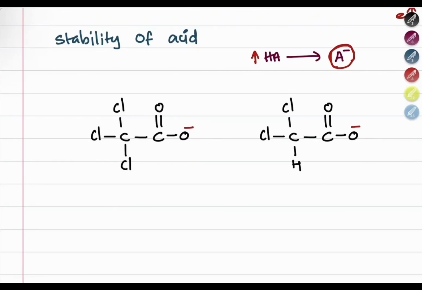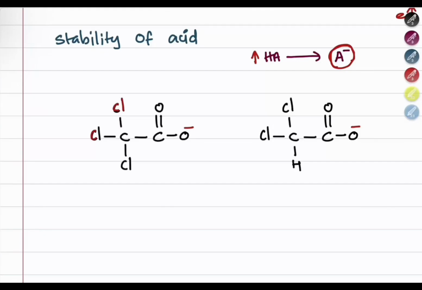In the first molecule, there is a negative charge in the molecule. So we have seen in the earlier case also, if there is a negative charge in a molecule, and there are groups in the molecule which are able to attract this electron density towards them, then that molecule will become stable. Right? So here also there is a negative charge. So we have to see in which molecule the electron density is getting accepted by other groups in the molecule. So in the first case, there are chlorine groups.